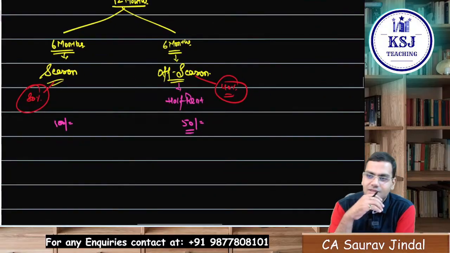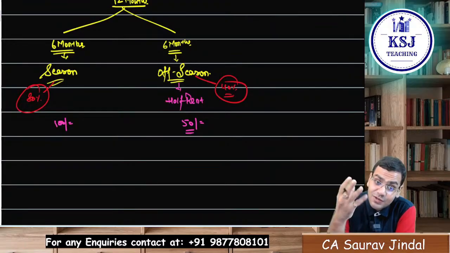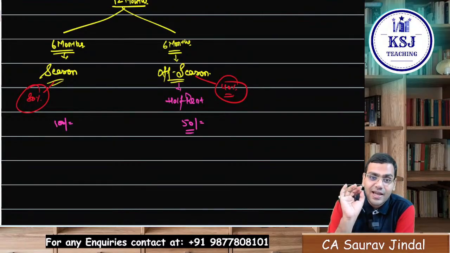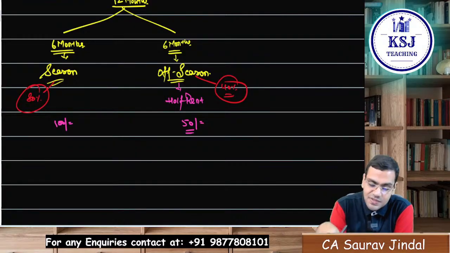But sir, problem is, he's saying the winter is of 4 months and off season is of 6 months. Read the question carefully. He says lighting is 30 rupees during the winter season and winter is for 4 months. And we are saying winter is an off season, whereas off season is for 6 months.